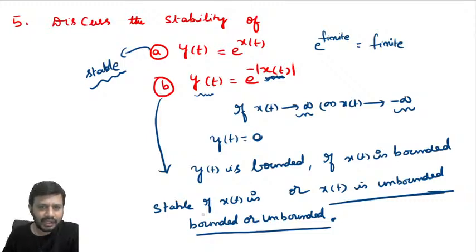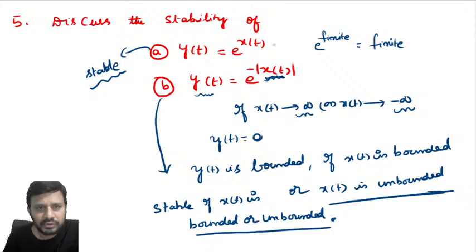Bounded means take a finite value. Unbounded means take infinite value, plus infinite or minus infinite. Right? Duration of the session, it takes half an hour more.